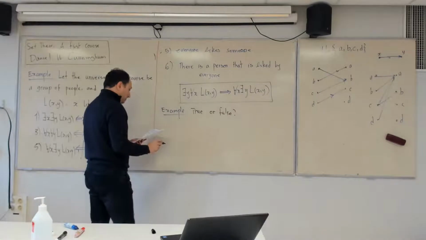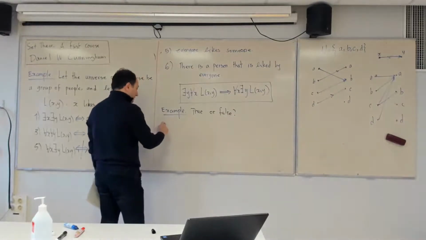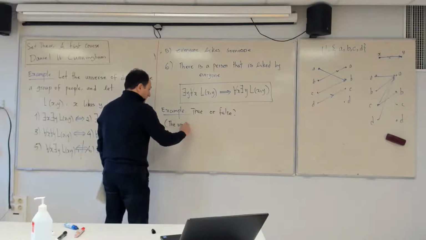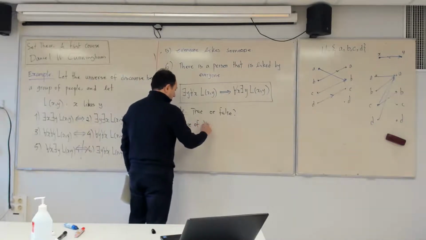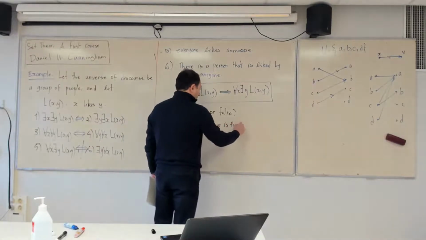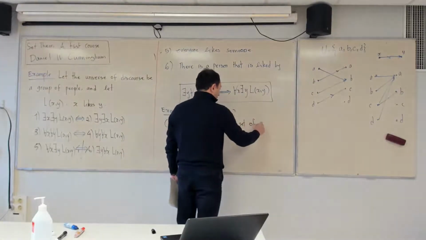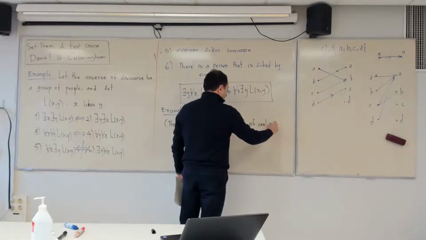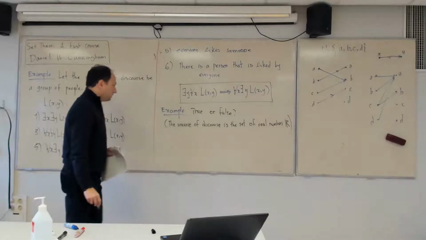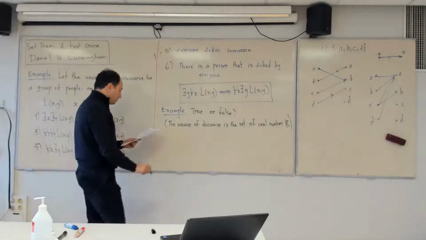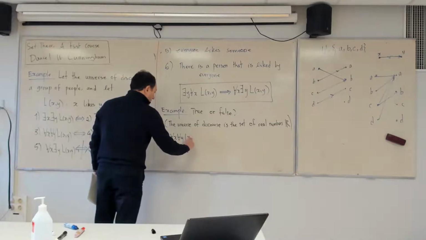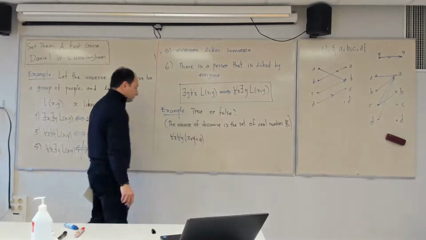So the universe of this course is the set of real numbers, R. So assuming that this is the universe of this course, tell me, is it true or false to say for all x, for all y, x plus y is equal to 0?